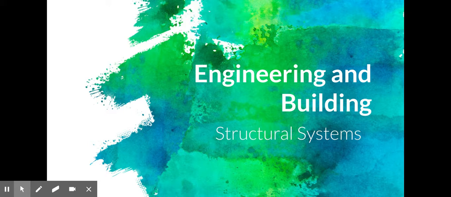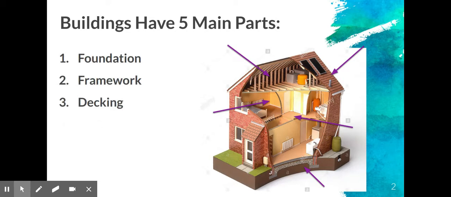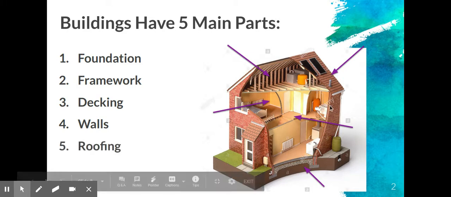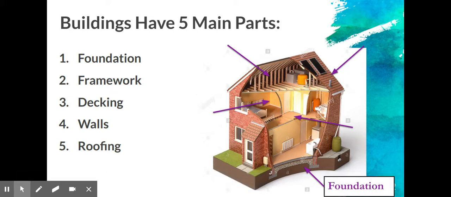All right. So buildings have five main parts. They have a foundation, framework, decking, walls, and roofing. Over here on this cutout of a house, we can see that at the bottom is what we call the foundation. The foundation is always at the bottom of a building or a house.